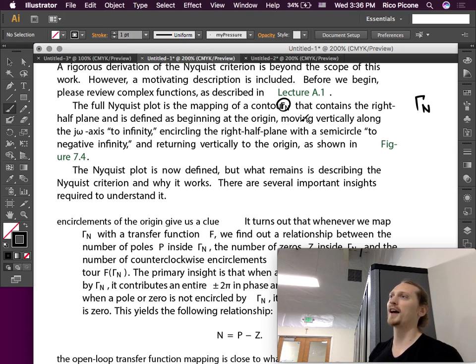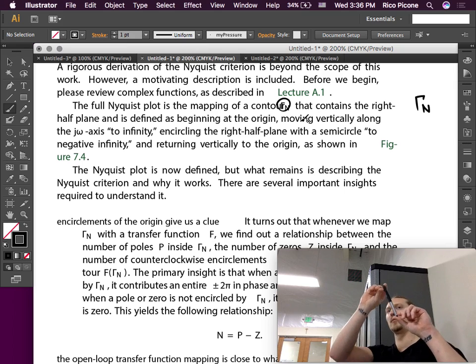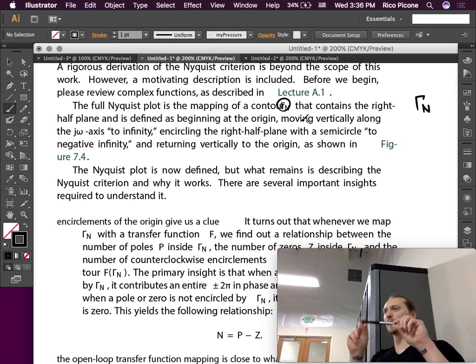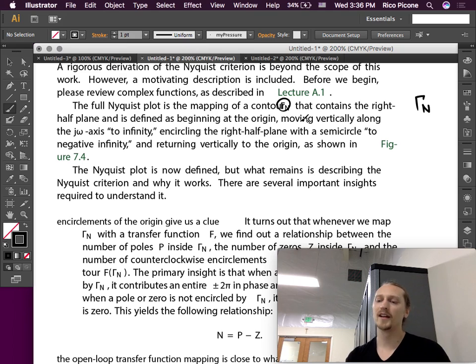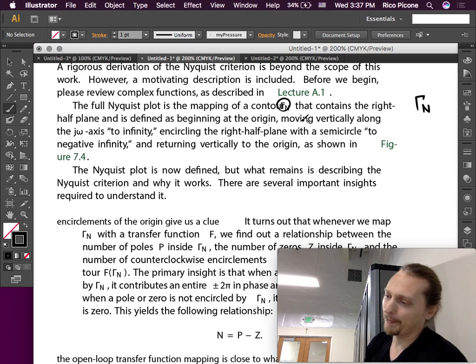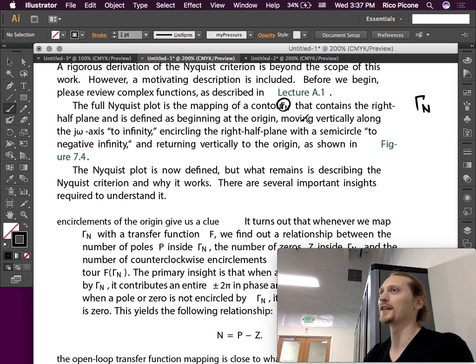If it's outside, it's always going to move some amount back and forth, but it's never going to go around. If it's inside, it's going to go around. So that contribution of the phase to the mapping is dependent on whether it's inside or outside. And that's another thing that we should keep in our minds as we start to explore this.